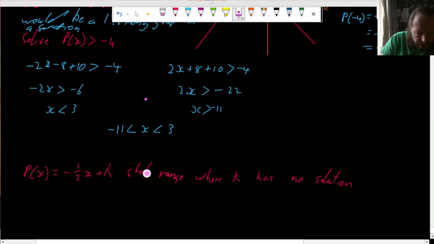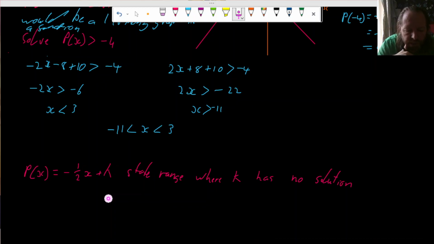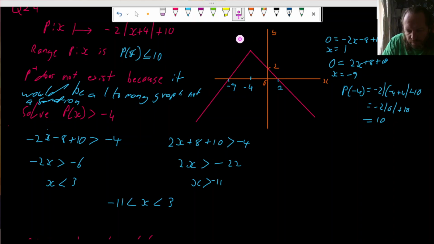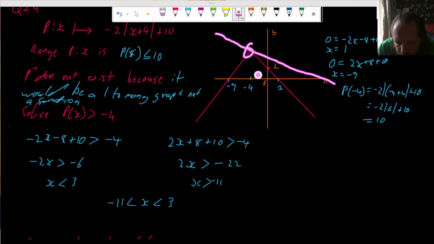Next part of this question was p of x equals minus a half x plus k. State the range where k has no solution. So minus a half x would be some sort of quite relaxed line coming through, and as you add a k to it, at some point it's not going to touch the graph, or it's not going to come across and hit both things.